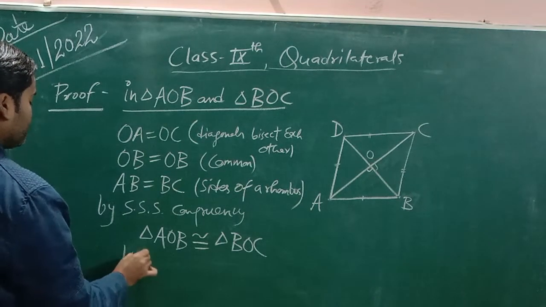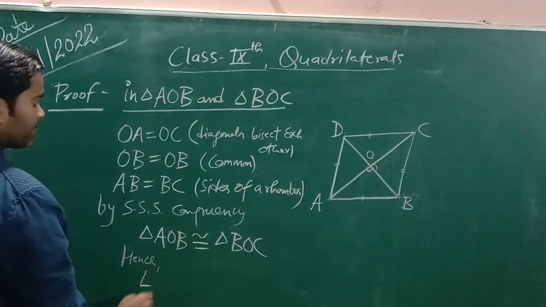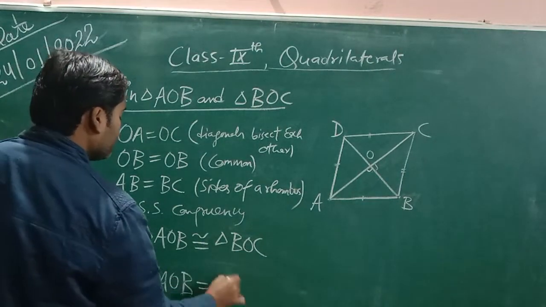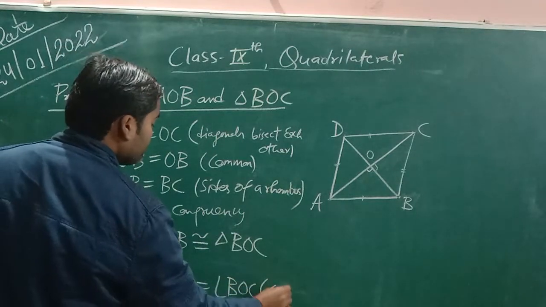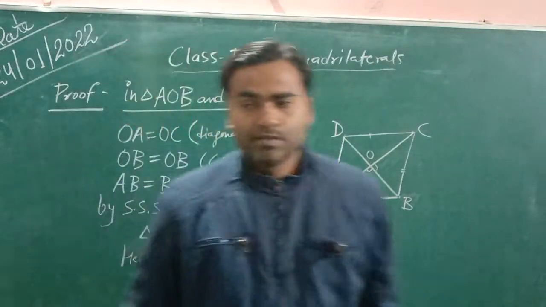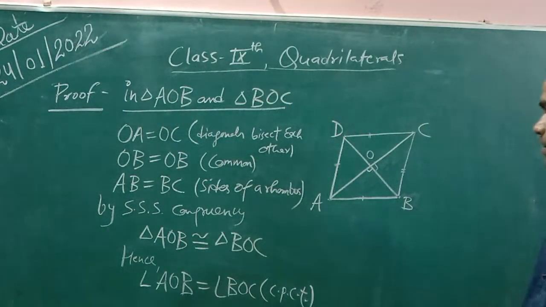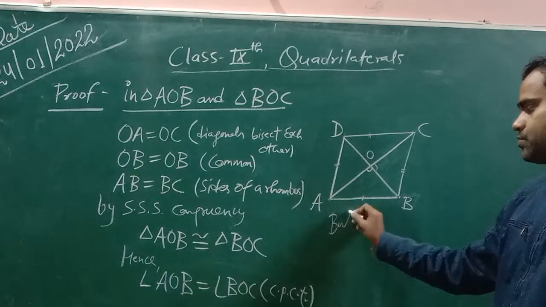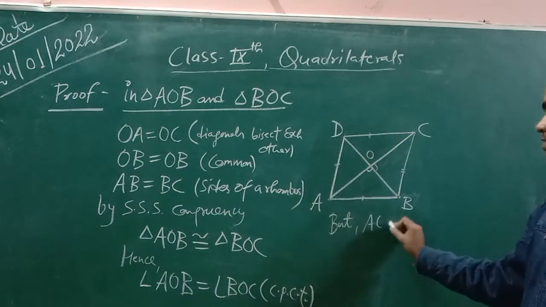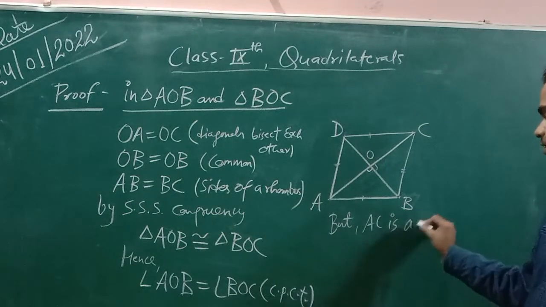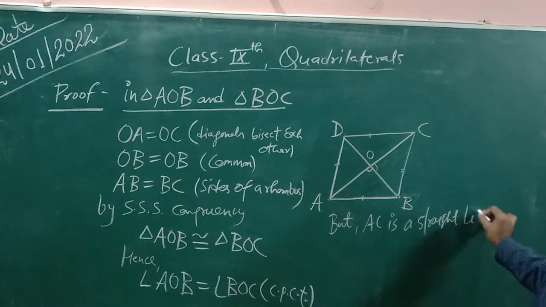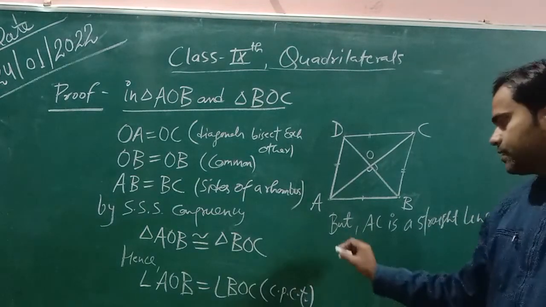Hence, angle AOB is equal to angle BOC, by CPCT, corresponding parts of congruent triangles. But the sum of these two angles is 180 degrees, because AC is a straight line.